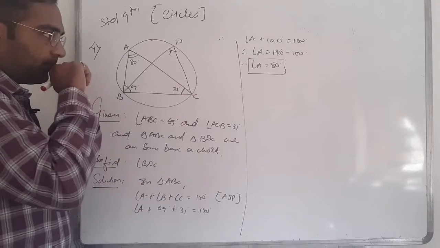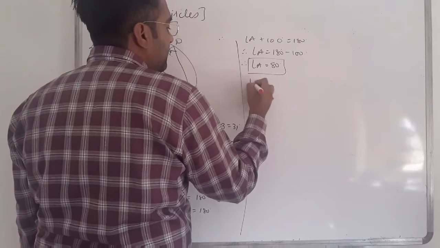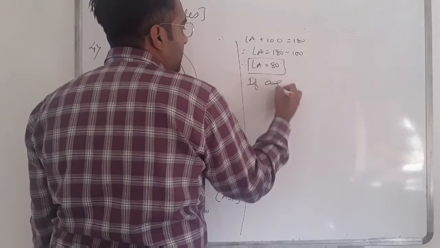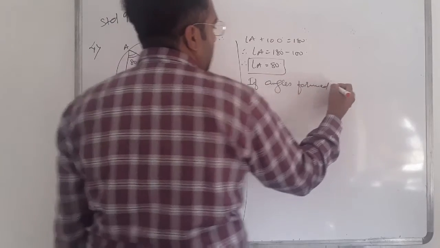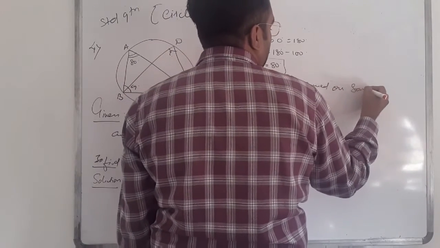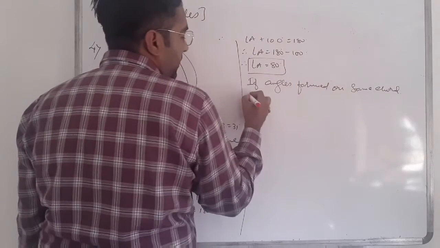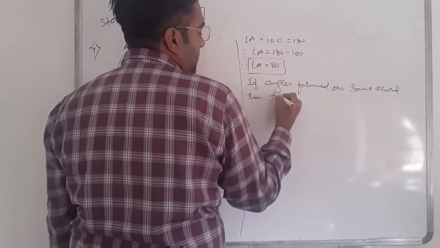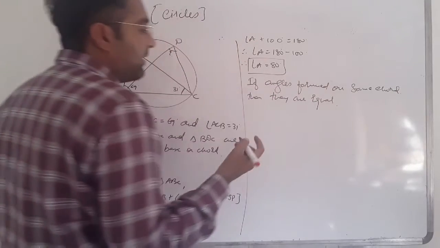Now we know that if angles form on the same chord, then they are equal by theorem.